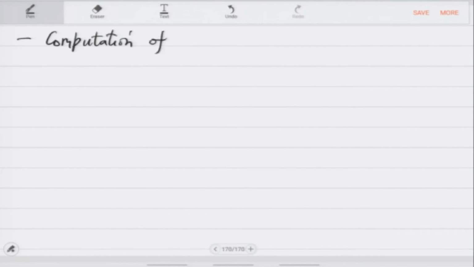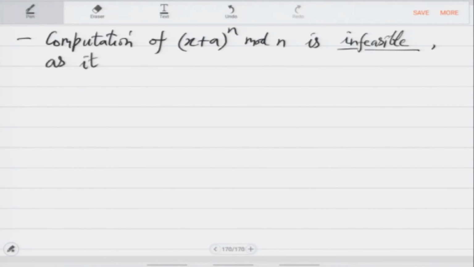So, computation of (x plus a) to the n mod n is infeasible as it involves n plus 1 terms. N plus 1 is more than 2 raised to log n. Exponentially many terms are there, so you cannot really compute all of them.